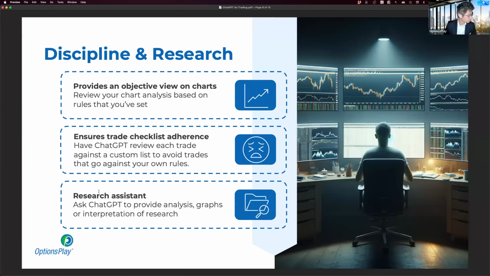And then lastly, this is the last part that I want to show you, is having ChatGPT as your research assistant. And this is the part where, in my opinion, currently it falls a little bit short. There are some interesting use cases to be used. It certainly is a huge improvement from the previous version of ChatGPT-4.0.